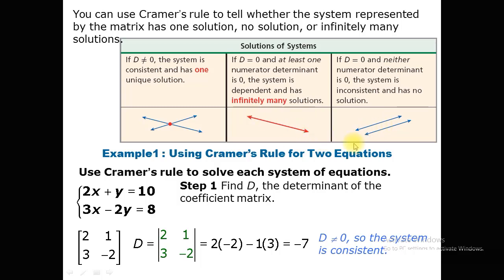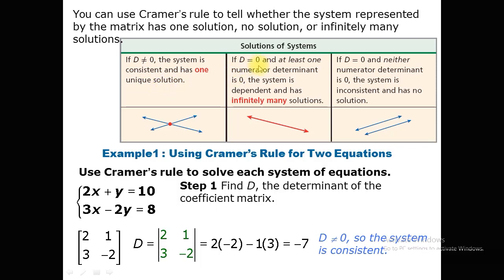So dear students, for all these three cases, the system has one solution, no solution, or infinitely many solutions. If the determinant of the coefficient matrix is not zero and no numerator determinant is zero, then the system has one unique solution.